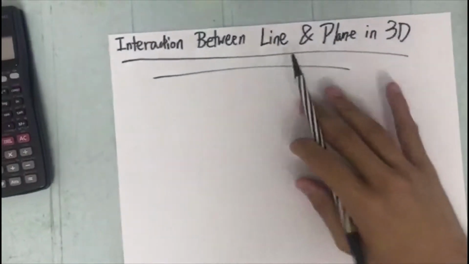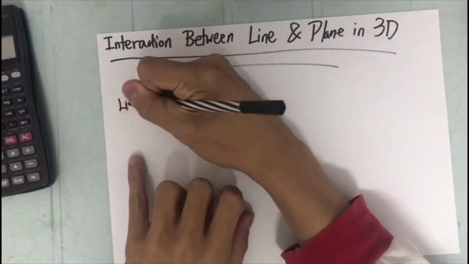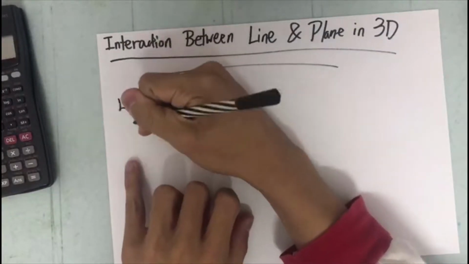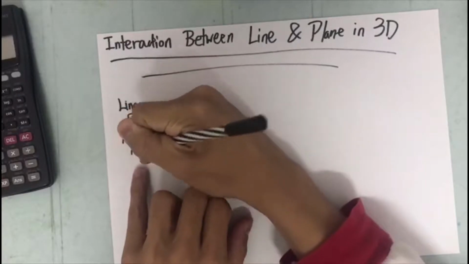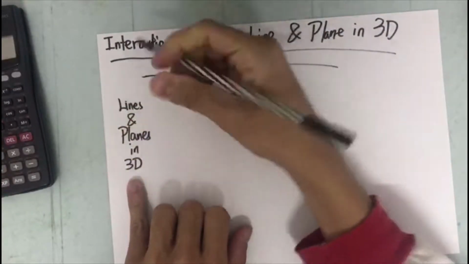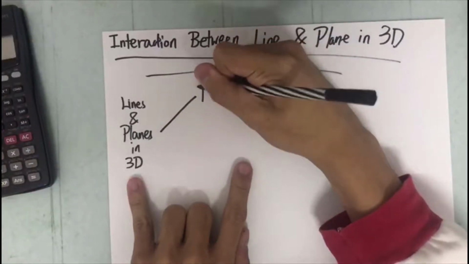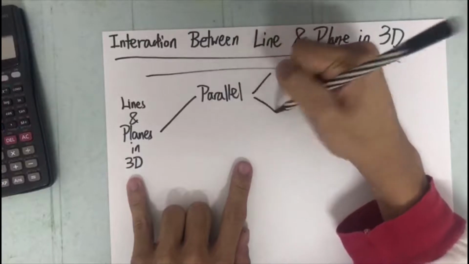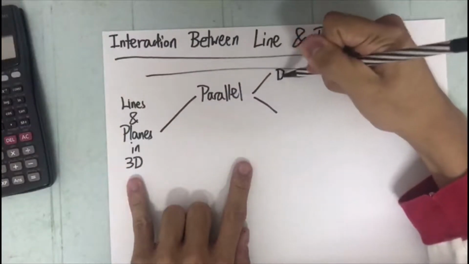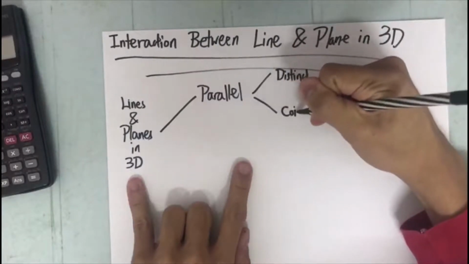So now let's summarize this discussion on a piece of paper. Lines and planes in 3D, three-dimensional. They can be parallel, and parallel has two cases: distinct or coincident.